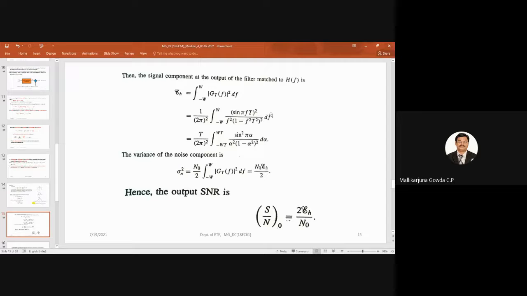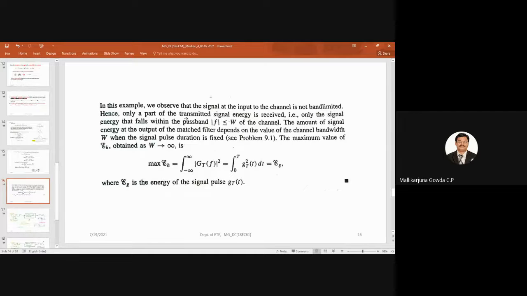Even here we substitute the value of GT of f. Then what EH you are going to get? It is not completed; you should be able to simplify by substituting the limits and find the value of EH.